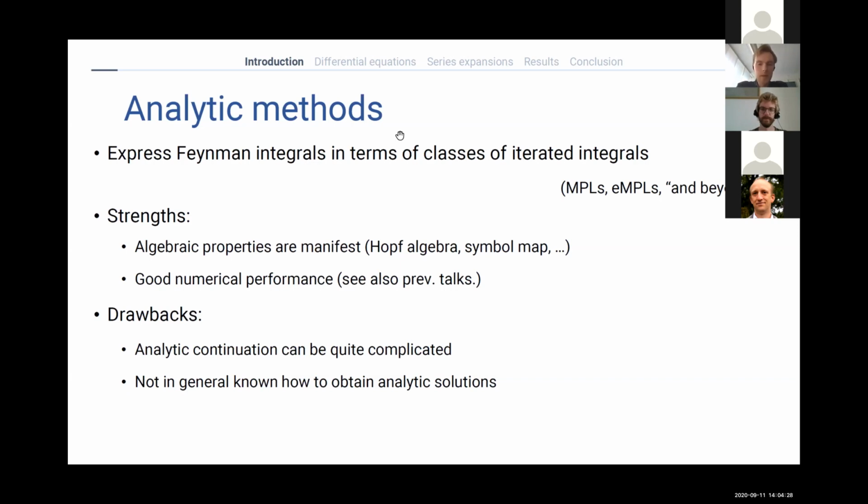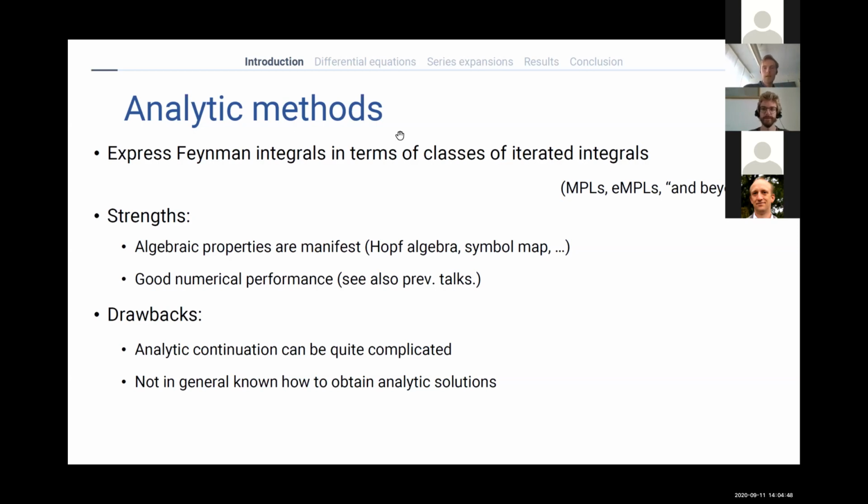The advantage of this is that when you solve things in terms of such functions, the algebraic properties are usually manifest. And you can use nice things like a Hopf algebra and a symbol map to simplify your expressions. And also, in many cases, you get good numerical performance.